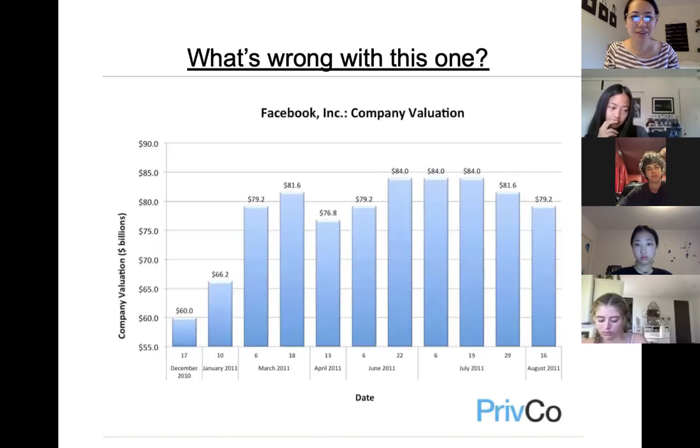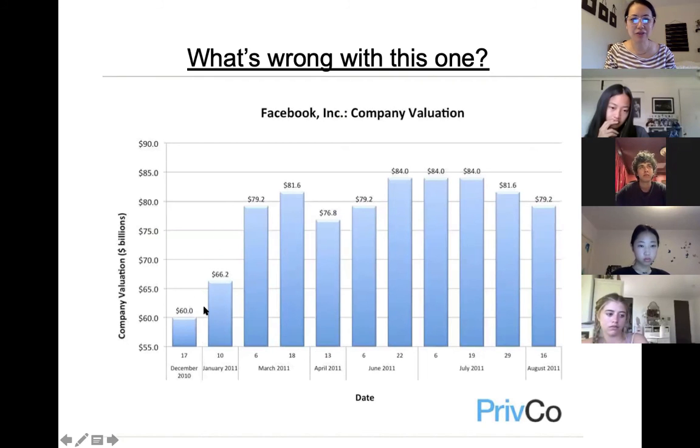All right, so another thing that can go wrong with bar charts would be something like this. It looks great, it looks like the area principle is good, but if you look at the vertical axis, it starts at $55 instead of 0, which can be a little misleading because this looks like it's a huge jump.